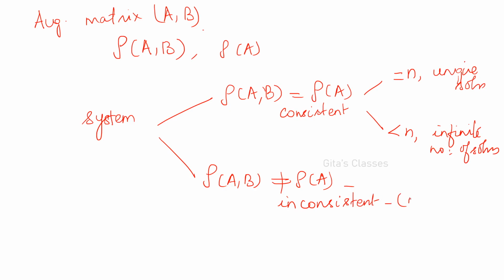Inconsistent means what? No solution. No solution exists for the given system of equations. So these things you have to remember. There are only two possibilities, equal or not equal. Not equal means simple, no solution at all, inconsistent. Equal means there are two conditions. It may be equal to the number of unknowns, then it is a unique solution. Less than n means infinite number of solutions.